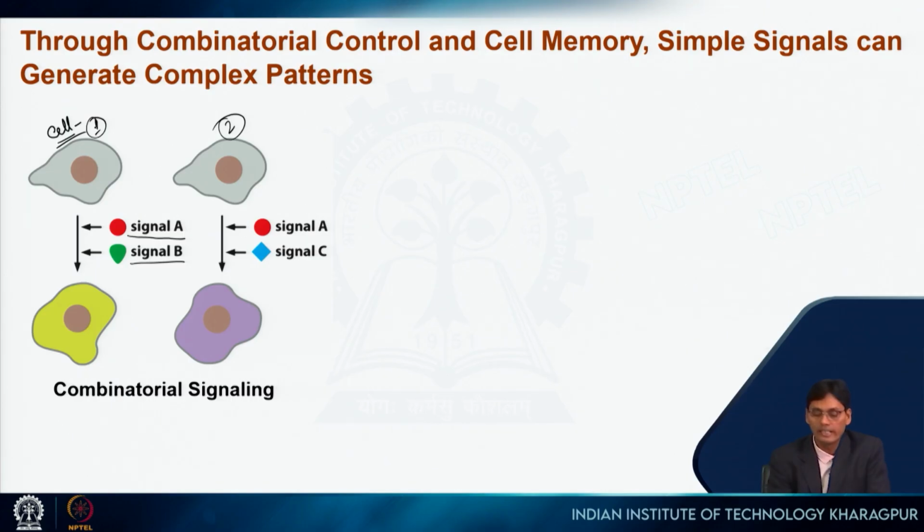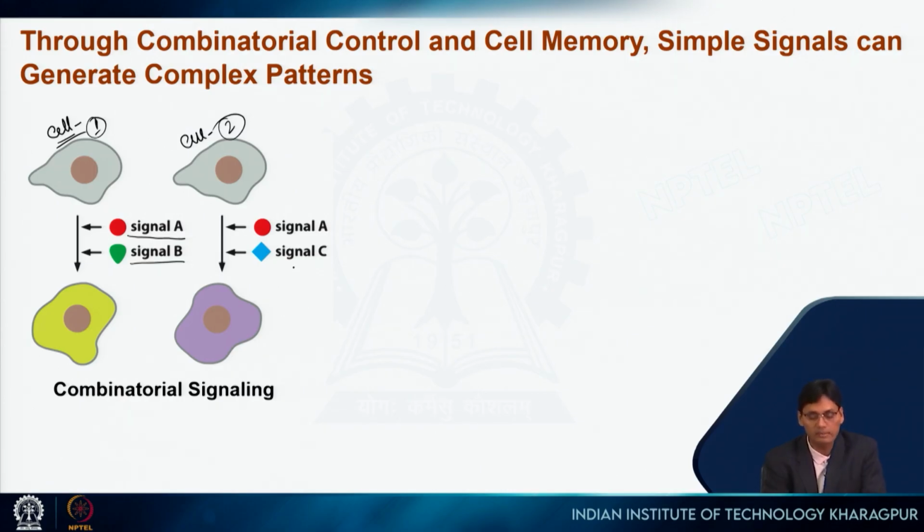While in case of cell 2, we have the same signal A, but signal C is different, some other signal. Signal here can be some protein, some hormone, or any other chemical found in our body. So this signal A and signal C influence cell 2.